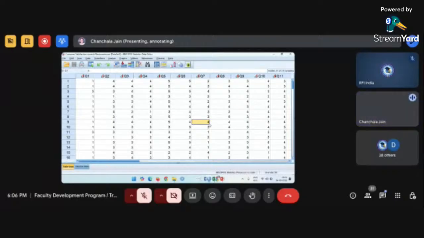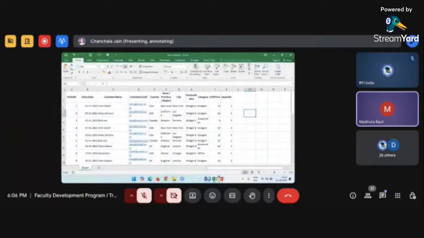I have already shared it on WhatsApp. I hope you people have got it. Yes. Shall I go ahead? We didn't get it, ma'am. I can't find it on the group. Ma'am, the file is not showing. How is it possible? Just a minute, let me check. And how to download the SPSS file?